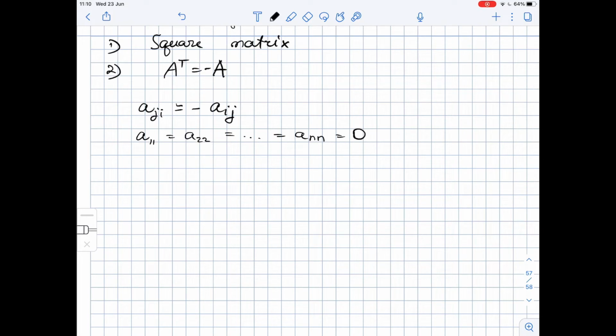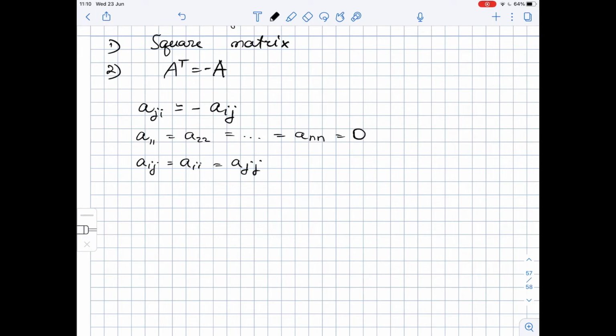How do we know that? Because the diagonal elements are characterized by the general formula a_ij where i equals j. And if i equals j, then a_ij equals a_ii equals a_jj.